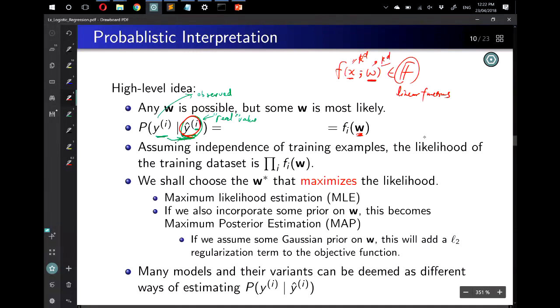Given a particular W, let's say W1, this is actually a function, because it's not a scalar value. We're not talking about evaluating a function at a specific x. You can see that here it's a function because it still has a variable x.